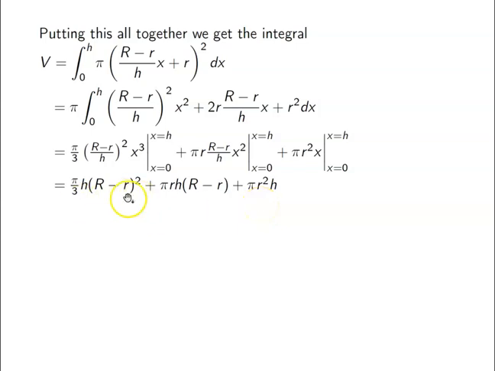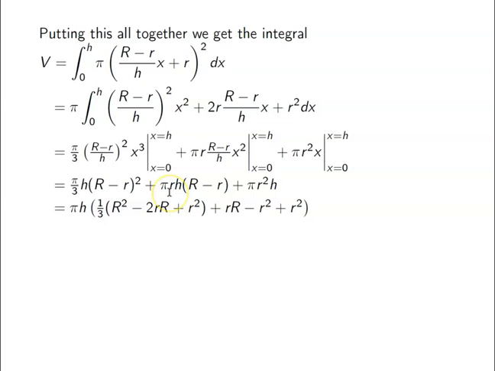So before I start doing crazy stuff like expanding this, let's go ahead and pull out common terms. Okay, so I have a pi over 3h. So I'm going to bring in the 1/3. I'm going to pull out the h from all of these terms. Okay, so h is all the way on the end. Pi is all the way on the end. I'm leaving the 1/3 with the expansion of big R minus little r.